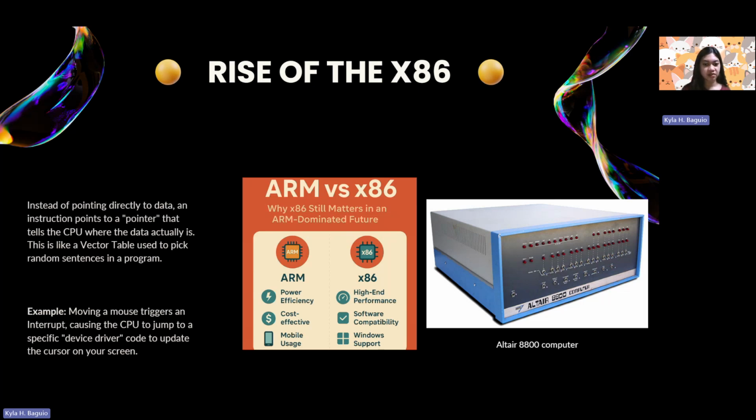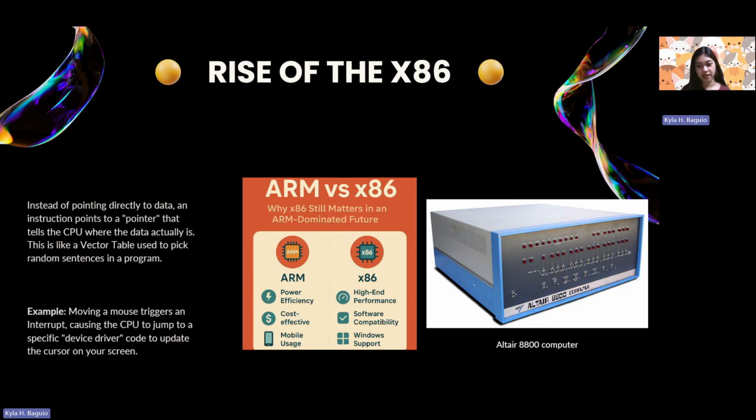Coupled with indirect addressing, a system where the CPU looks at one memory location only to find the address of where the actual data is hidden, software was finally able to become truly complex and modular.